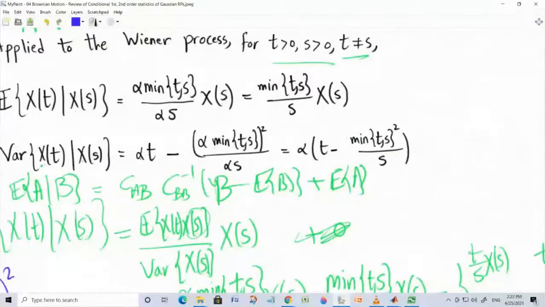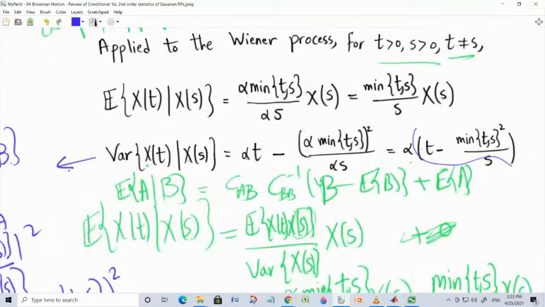So you end up with an alpha t, and here you have alpha squared over alpha. That's another alpha. You can take it as a common factor, and then you have this difference. So you get a factor which is t minus the minimum squared over s. And again, you can divide into two cases: t greater than s and t less than s. So don't forget this.